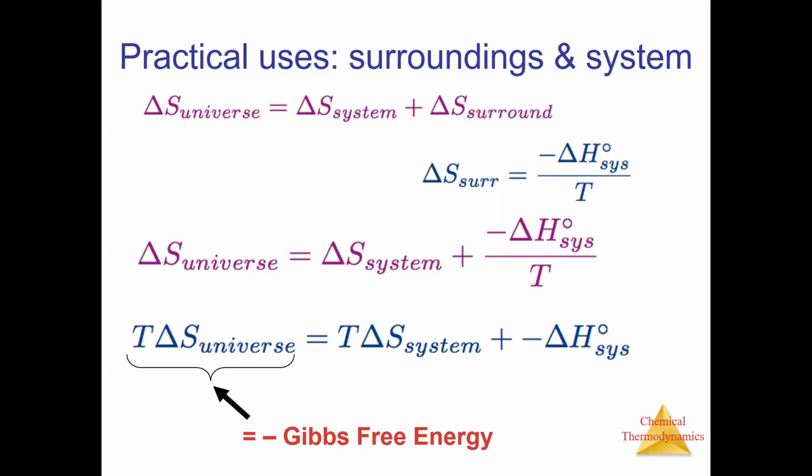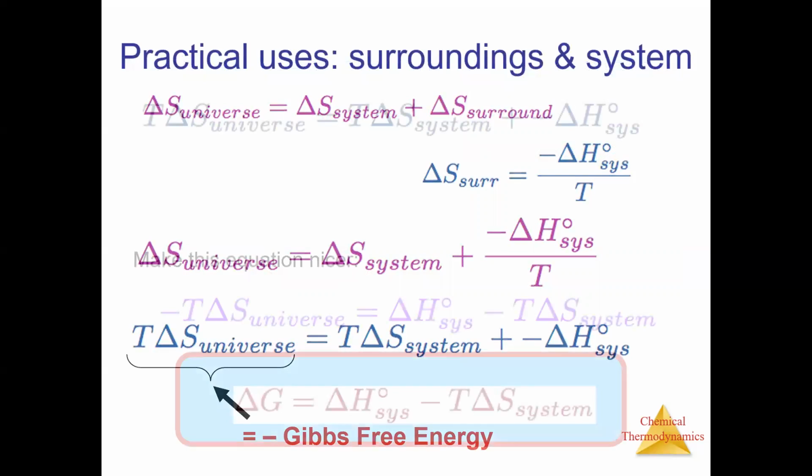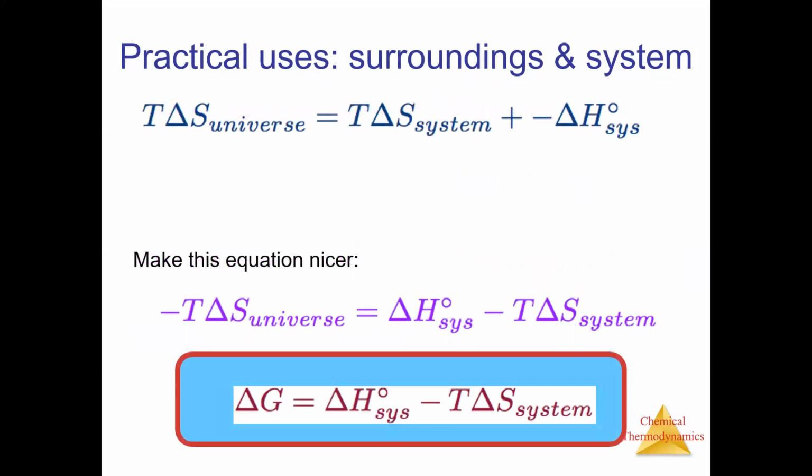Where T delta S represents Gibbs free energy. Now we have a relation between the Gibbs free energy, the change in enthalpy, and the surroundings' entropy.